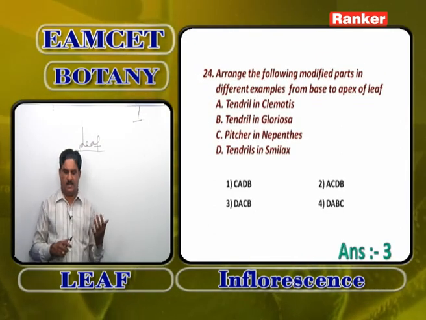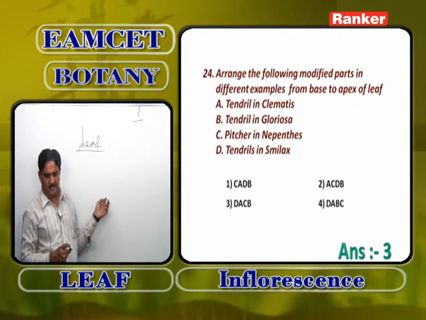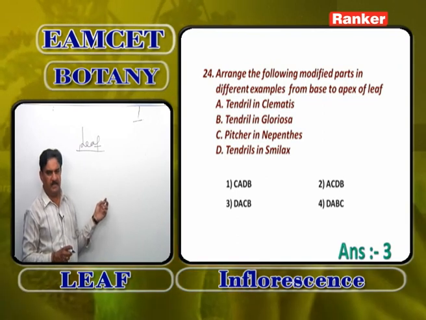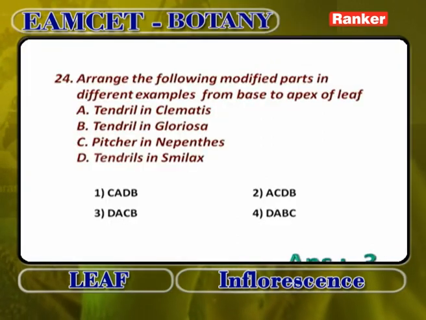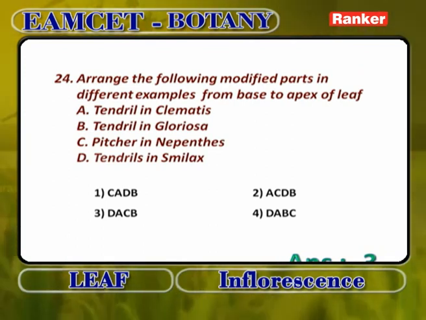So the answer is DACB: tendrils in smilax, tendril in clematis, pitcher in nepenthes, and tendril in gloriosa.